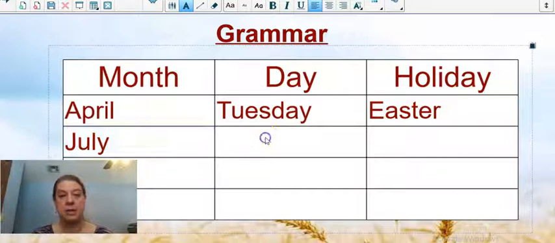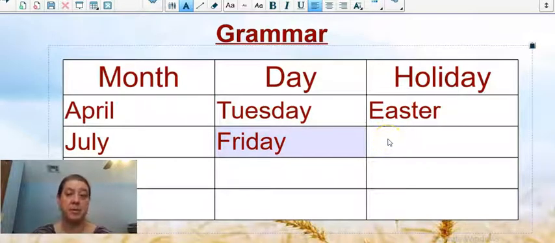And then let's do Friday. It has to start with a capital letter because it's a specific day of the week. That's a proper noun. And then in July, we have the 4th of July, or July 4th.